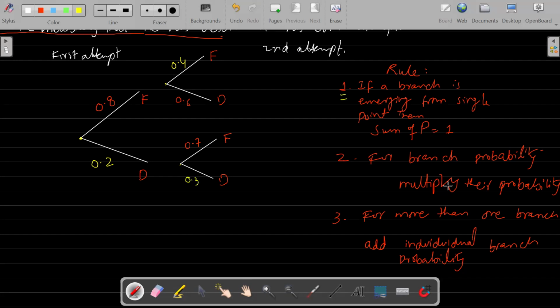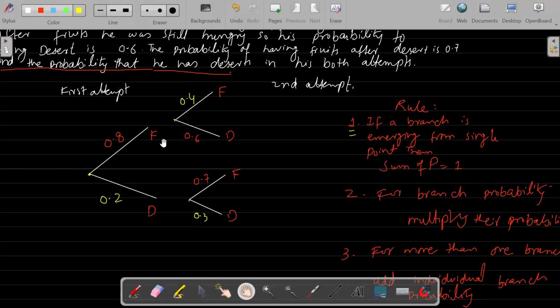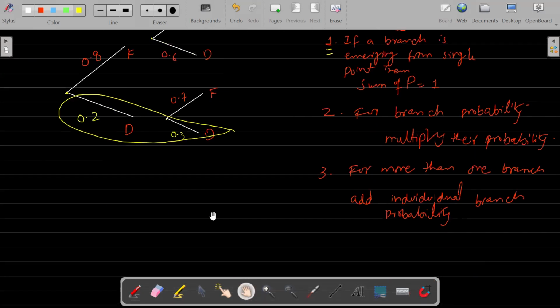Now let's talk about branch probability: multiply their probabilities. Just like it says, find the probability that he has dessert in both his attempts. This also satisfies rule number two, which says that for branch probability, multiply the probabilities.